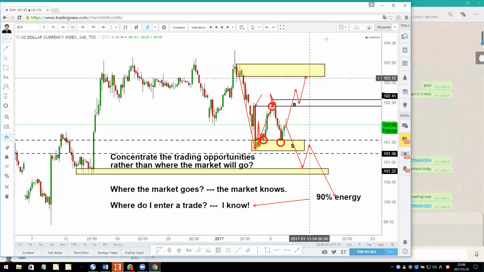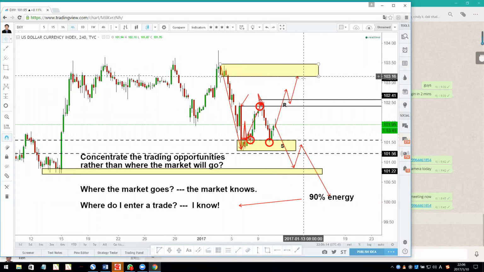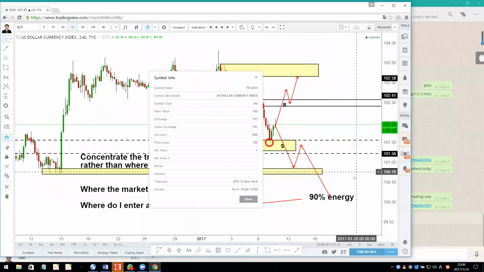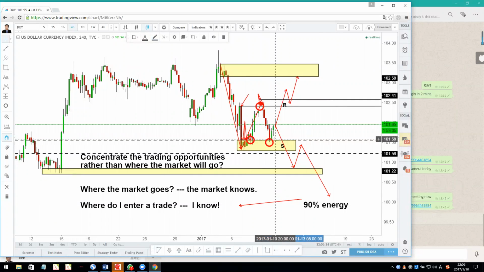It's endless. You will never know. You don't want to spend all your energy trying to map out the market's future. So just focus and put all your energy here: is there any good opportunity to buy or sell or not? If you know that, trade it.